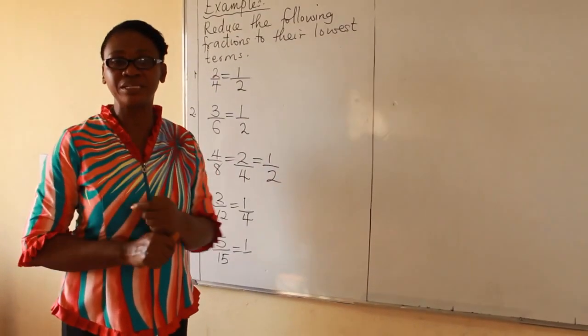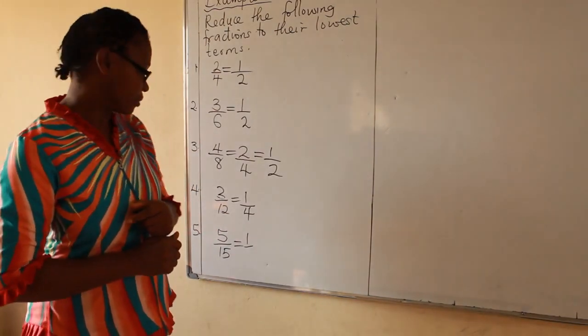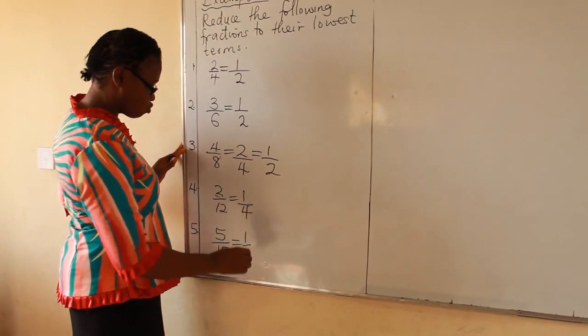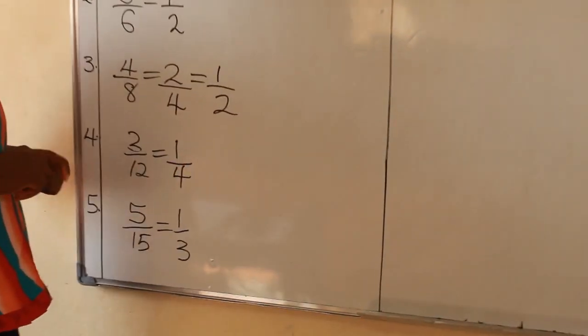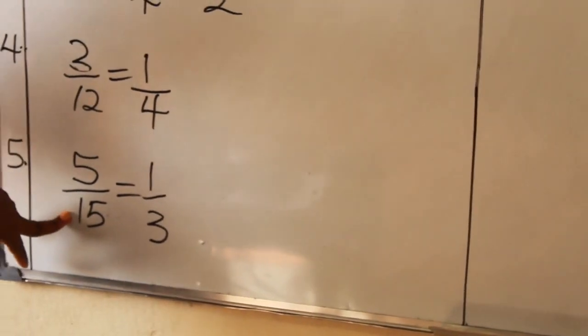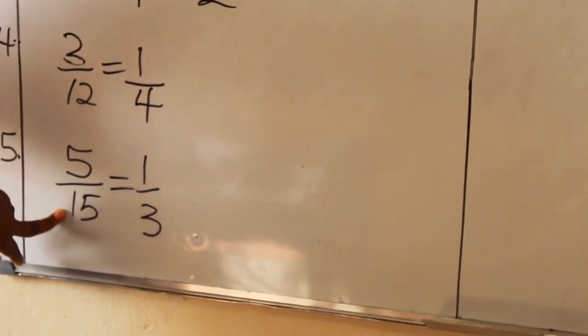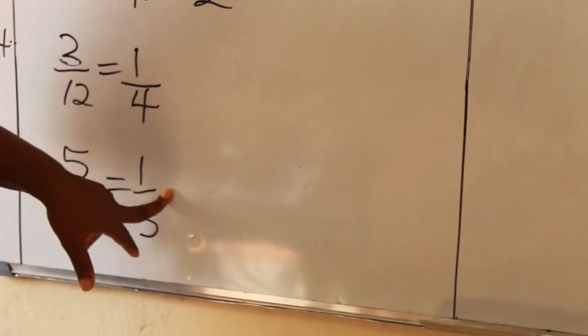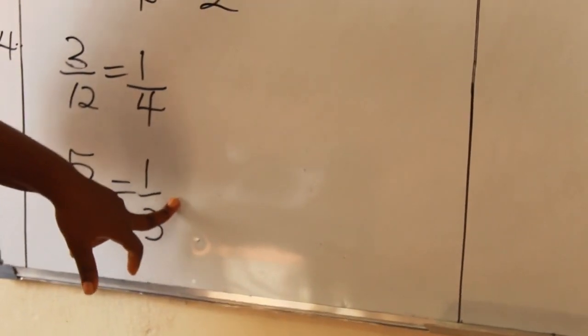One person will take how many? Yes, 5 times 3. So one person will take 3 apples. And so your 3 times 5 will give you back 15. So we've been able to reduce 5 over 15 to its lowest term being 1 over 3.